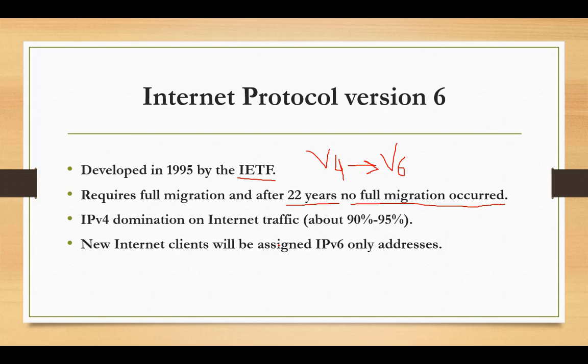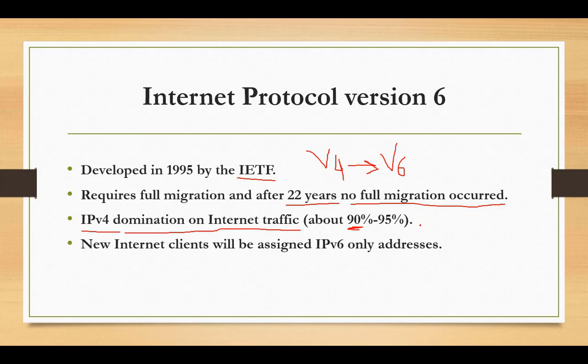This is because of a lot of reasons. Enterprises and ISPs have their own reasoning not to migrate to IPv6. And by the way, it is worldwide, meaning that IPv4 is still dominating internet traffic by more than 90%.